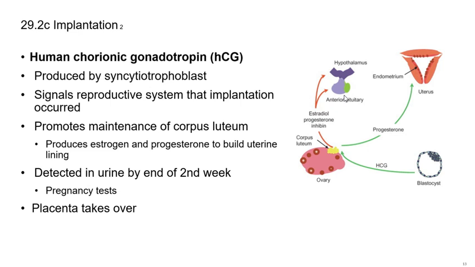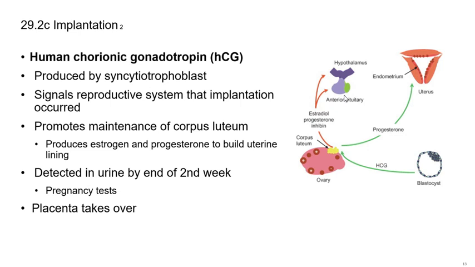Now there's another hormone that's produced called HCG, human chorionic gonadotropin, and this is produced by the blastocyst, right? So by that implanted collection of cells, and this is going to help to maintain the corpus luteum such that it continues to produce progesterone such that you keep the uterine lining thick, vascular, and you prevent menstruation. So if you recall, if we didn't have fertilization, that corpus luteum would turn into the corpus albicans.